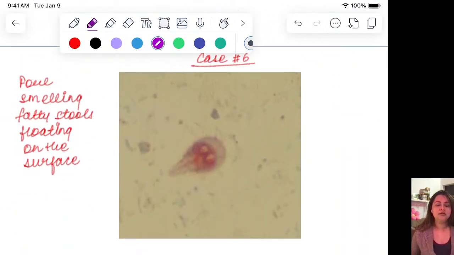Moving on, looking at case number 6. Here you are given a patient who has foul-smelling fatty stools floating on the surface, and you look at this image. So identify what is being given. What's being given here?